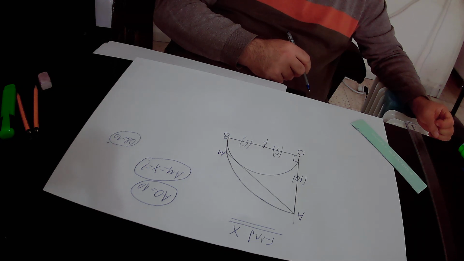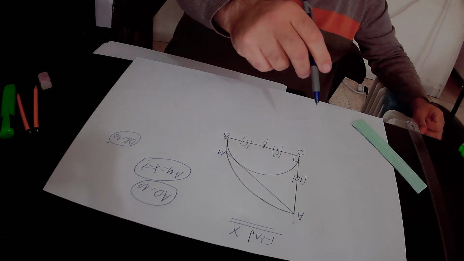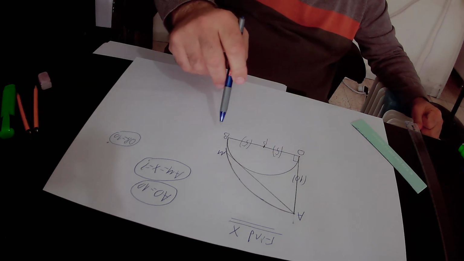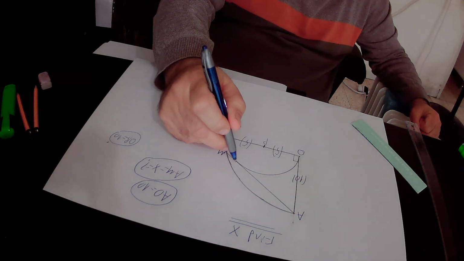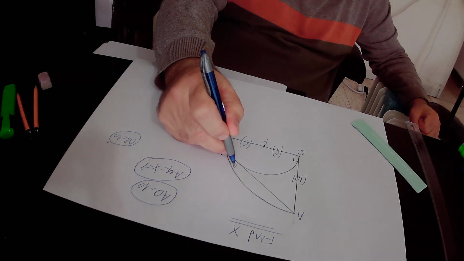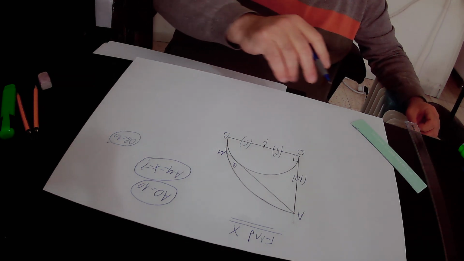Okay. In the next step, we will join points P and M together. We will define the point of tangency of tangent AM with this semicircle as Q. And we will join points P and Q together by a straight line.